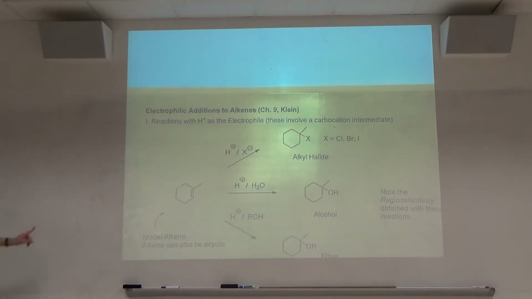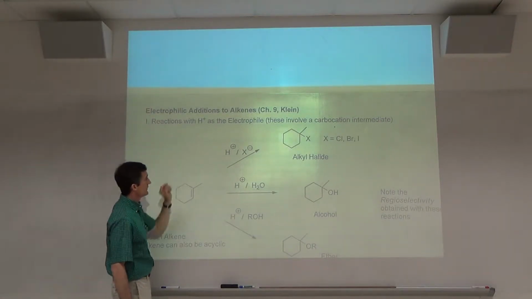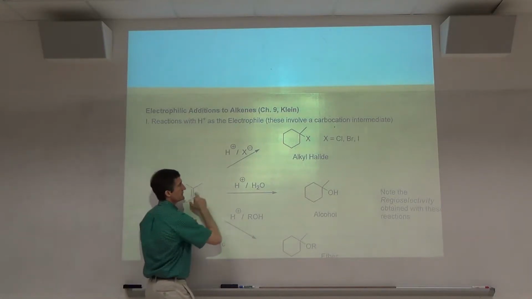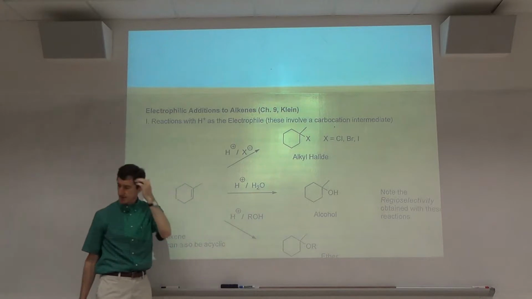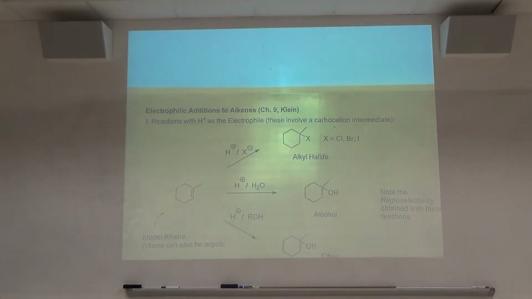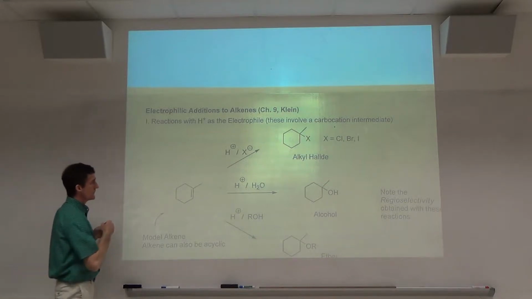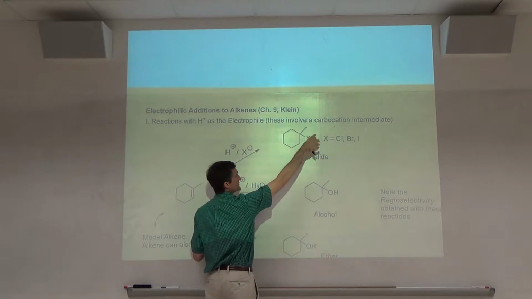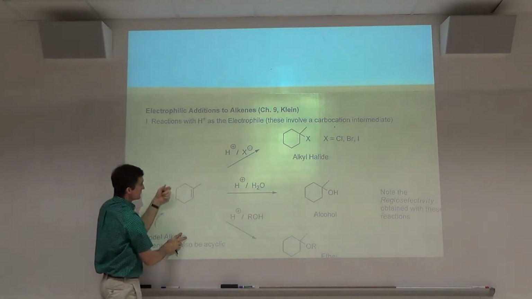These are all called electrophilic additions. In going from here to this molecule, we have added HX. What have we added? Obviously there's an X here, X is halogen, Br is there. So we've added a Br there.